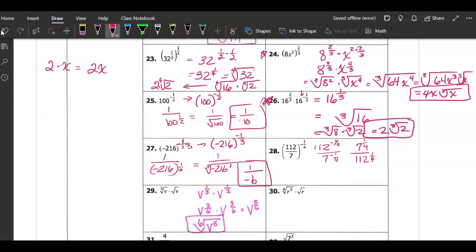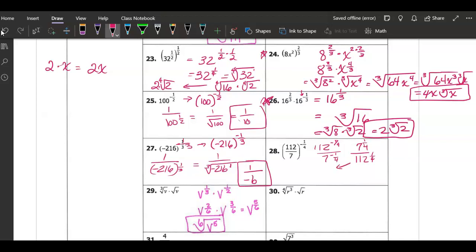Okay? So what that means is, let's see, can we reduce the 7 over 112? In your calculator, we'll do 7 divided by 112. We get 1 over 16.